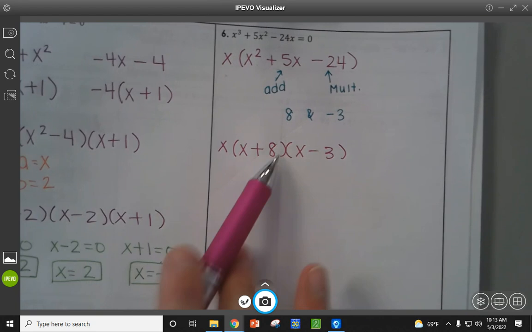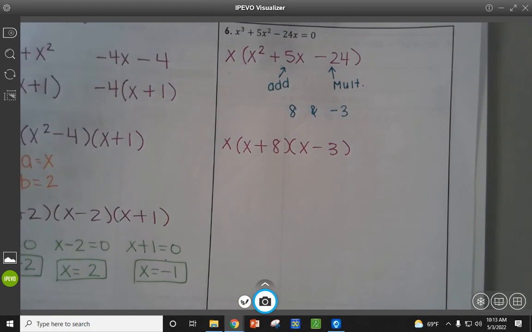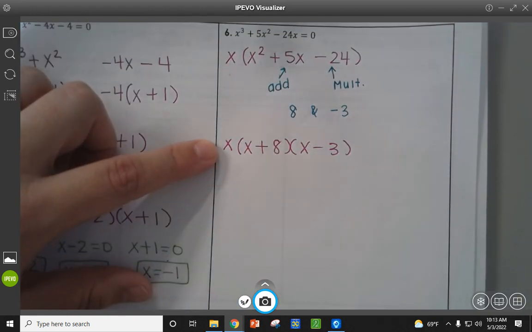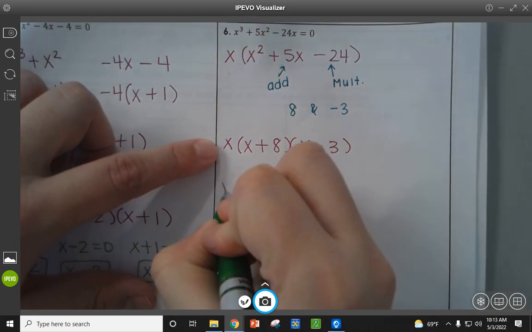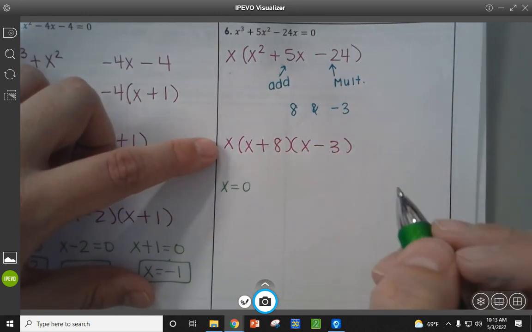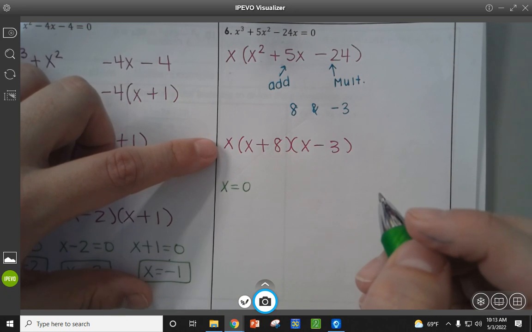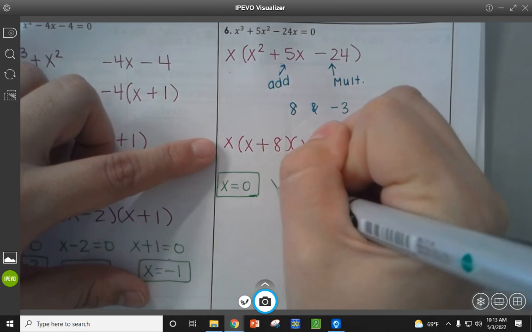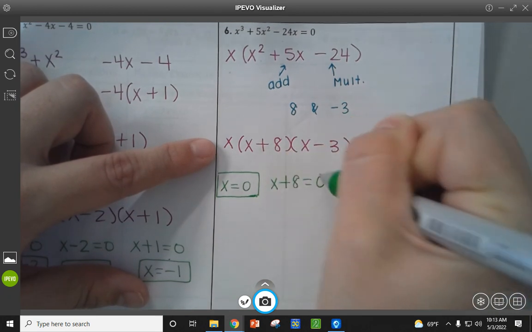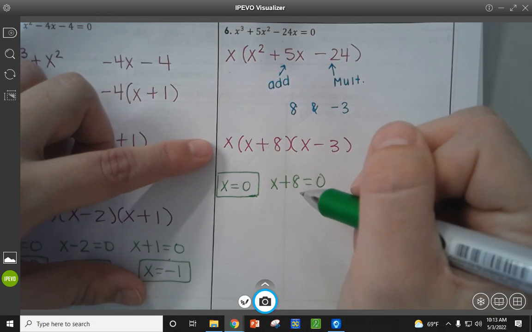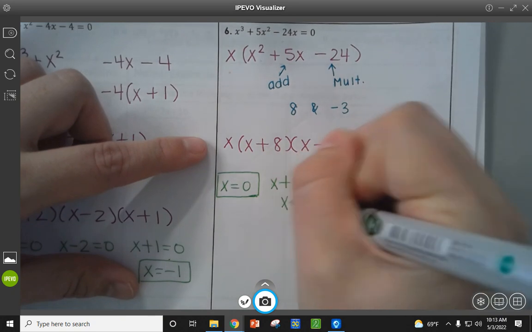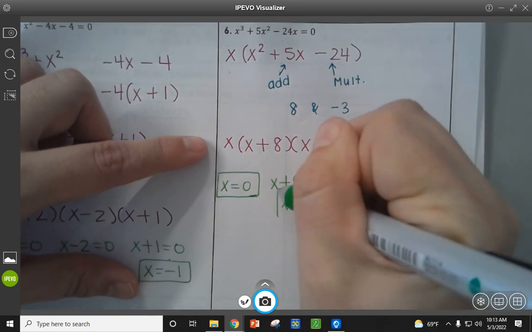Can either of these be factored down? No. So we're going to set all of them equal to 0. So the first one is x equals 0. Is there anything else to do? No. Then we have x plus 8 equals 0. We subtract 8 to get x equals negative 8.